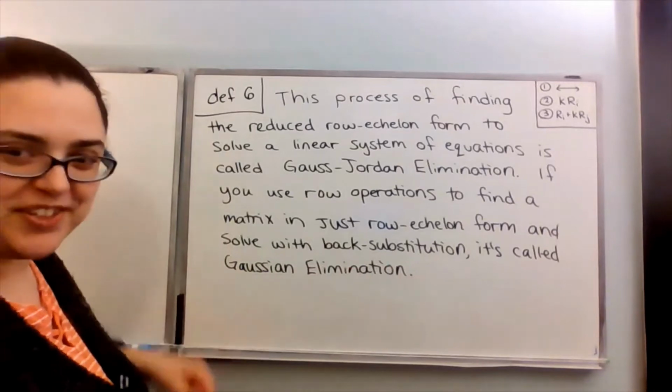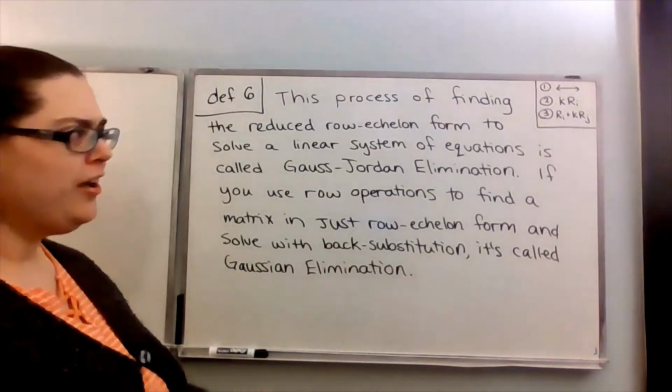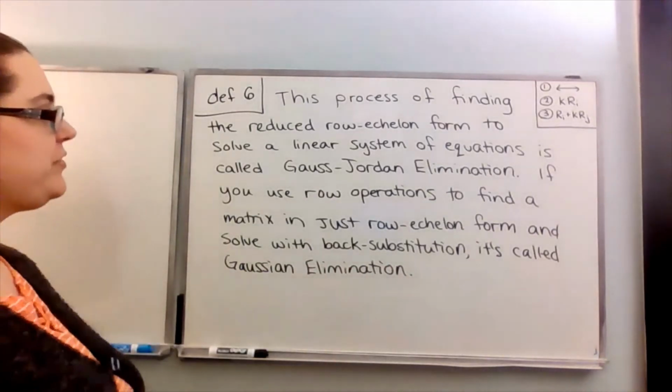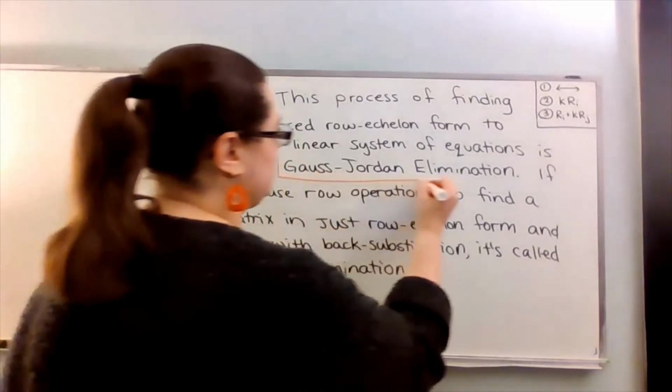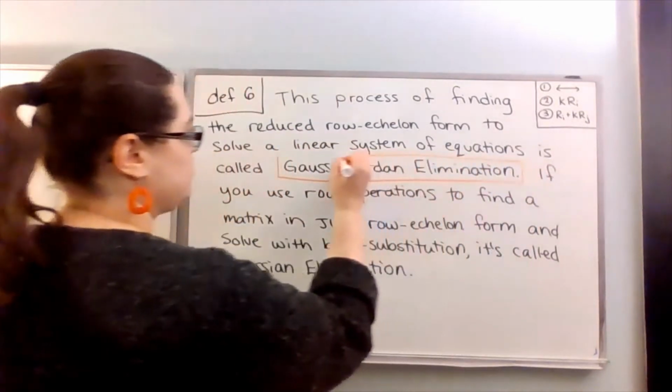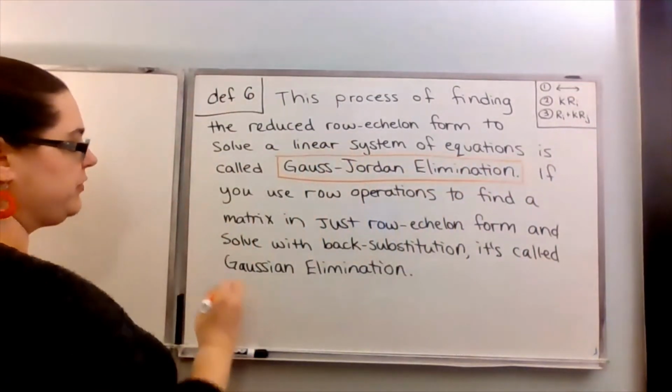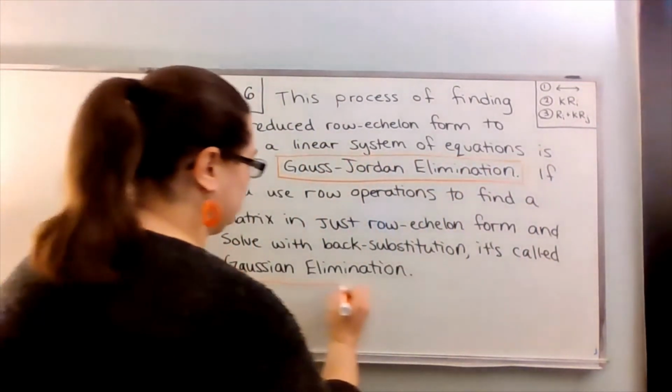Nice and brief, this definition, right? We've defined 2 terms. Again, we've defined Gauss-Jordan elimination. And we've defined Gaussian elimination.